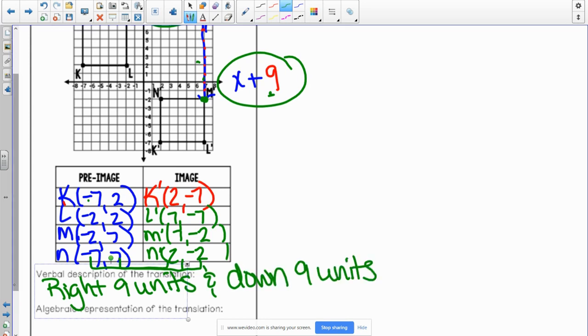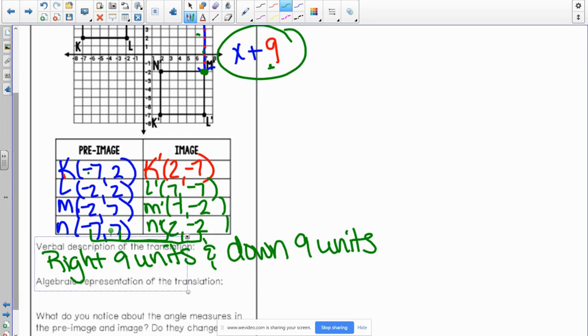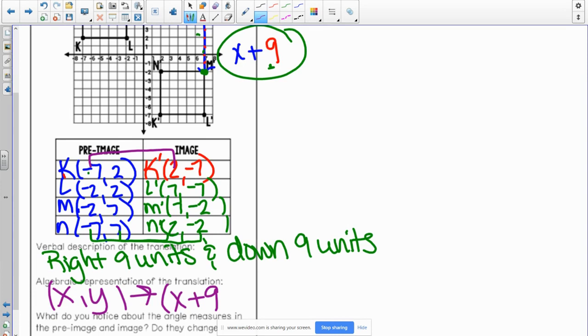I just call it units because I don't know how much distance that is. The algebraic expression: xy would just be any point, so any of these points that we just picked. And what happened to them is that the x's went up 9 and the y values went down 9.